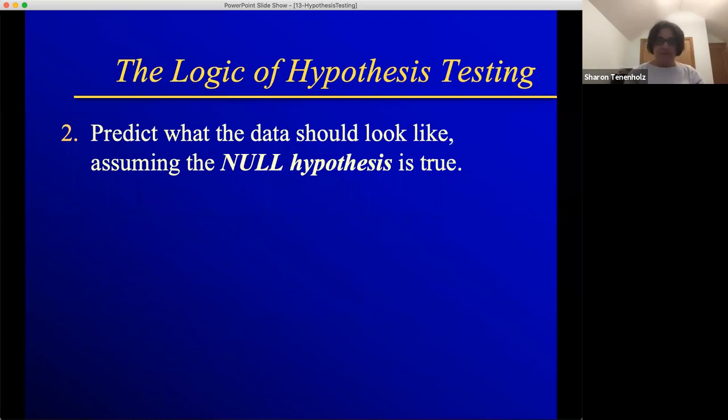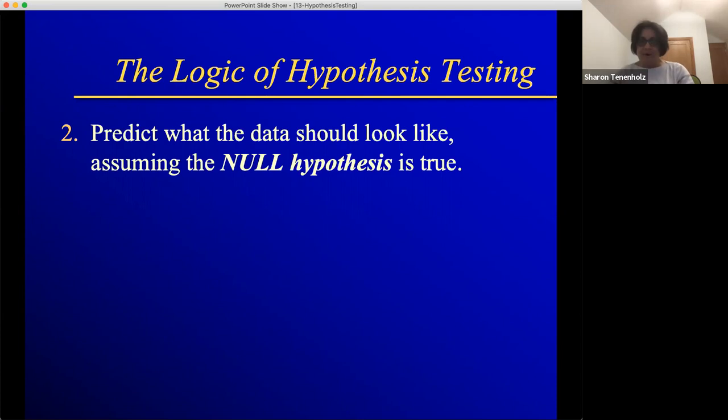Now, here's the new part. What we're going to do is we're going to predict what the data should look like, assuming the null hypothesis is true. So if the null hypothesis is true and we go out and we collect some data, what should those data look like?